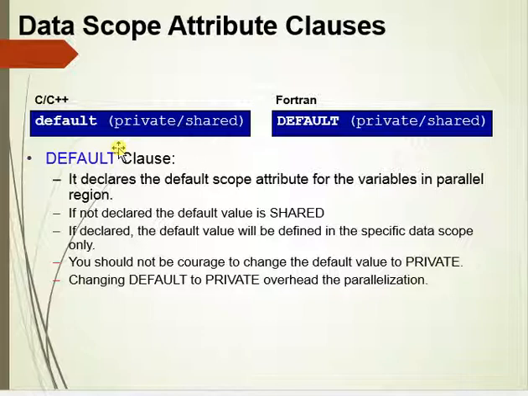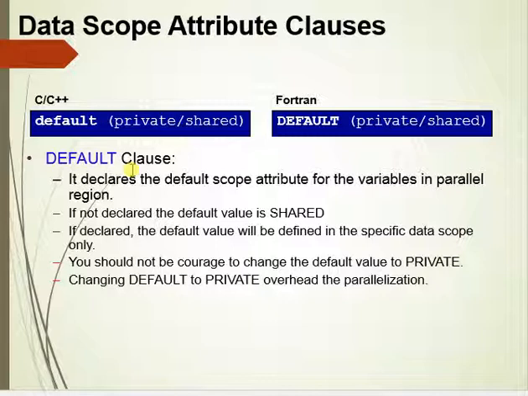Now, this is how we are using default in C++. The parameter we supply may be either private or shared. Now, what is the default clause? It declares the default scope attribute for the variables in a parallel region.